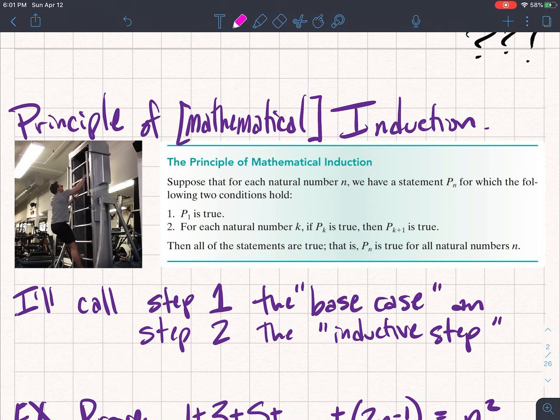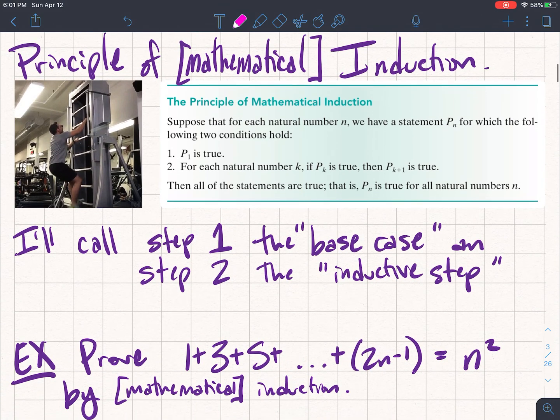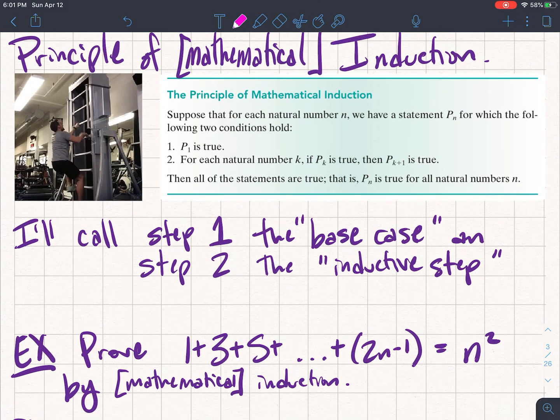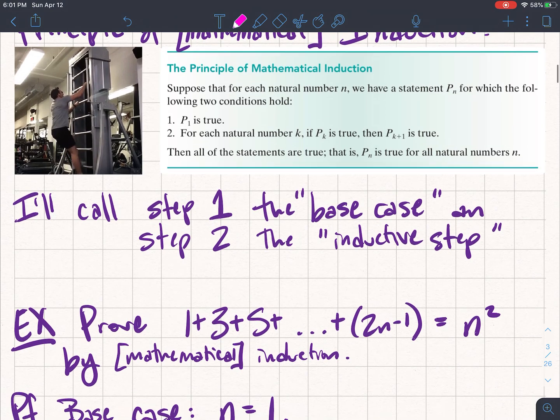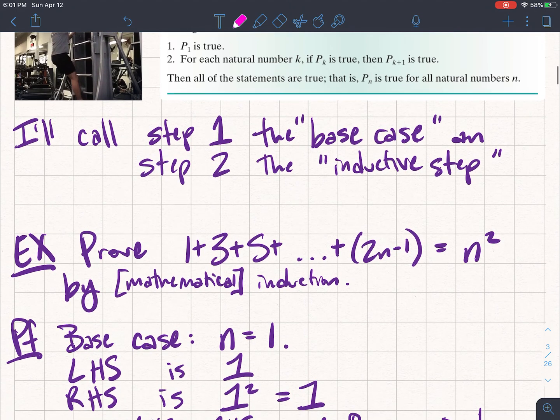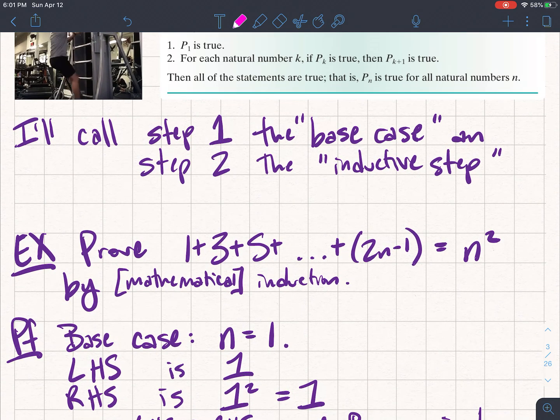Here, I'm going to do one for you. So this statement here is the one I asked you about at the beginning. What's the sum of the first n odd natural numbers? We're going to prove that it's n squared by mathematical induction. The first thing we have to do is prove that the base case is true.